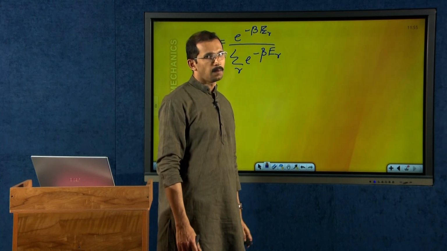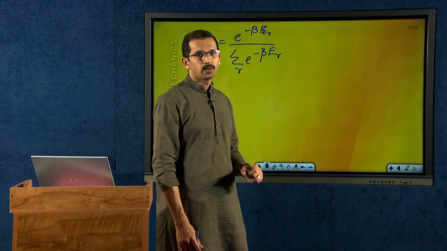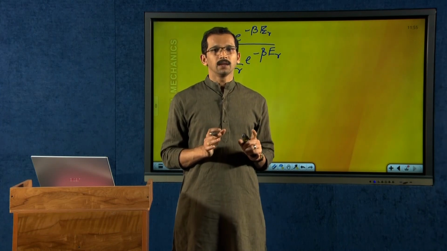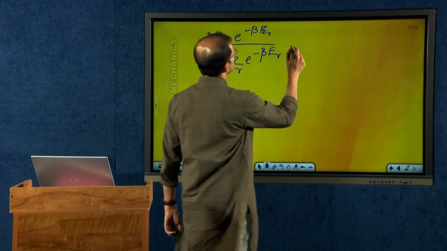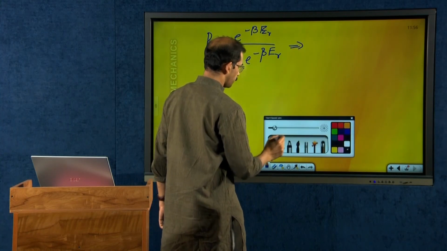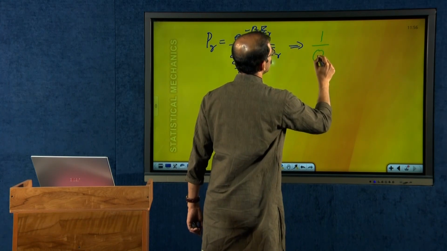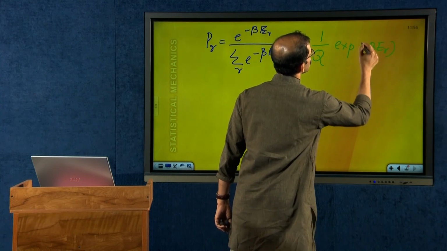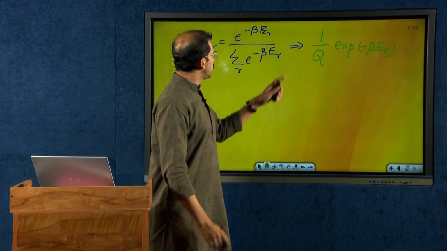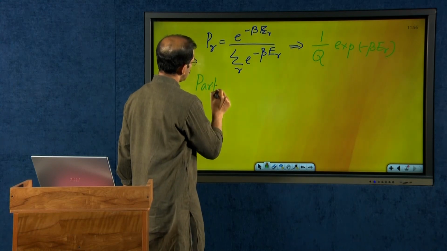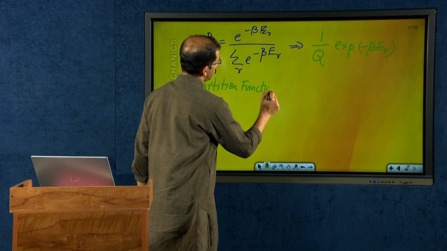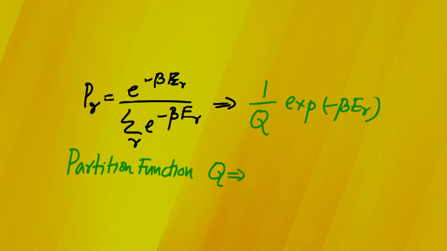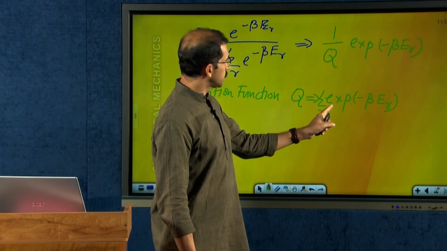beta is equal to 1 by k_B T. And then we also defined a quantity known as the partition function, because this can be written as 1 by q exponential minus beta E_R, where the partition function q was defined to be equal to sum over R exponential minus beta E_R.